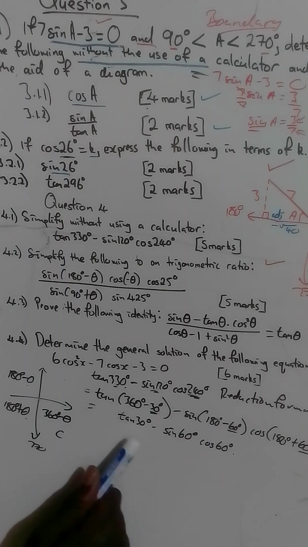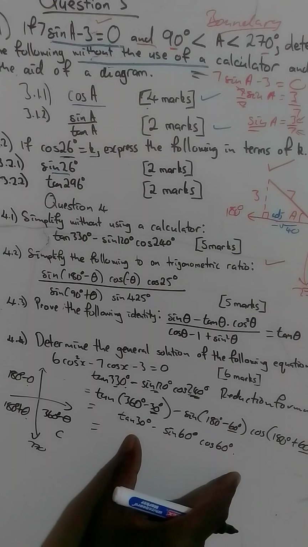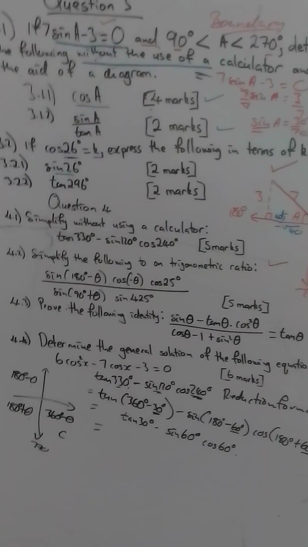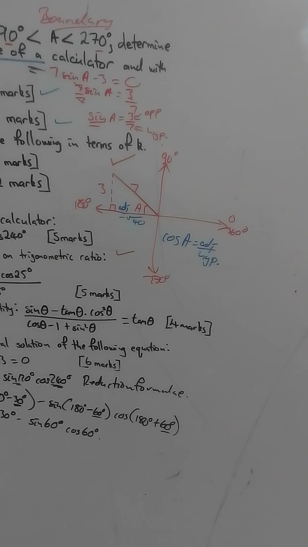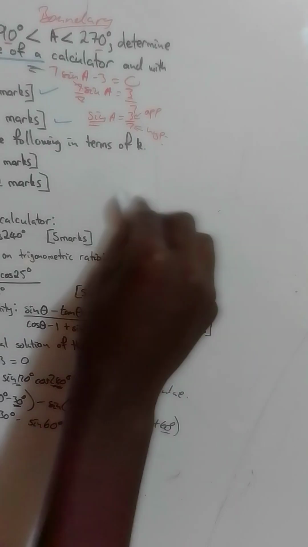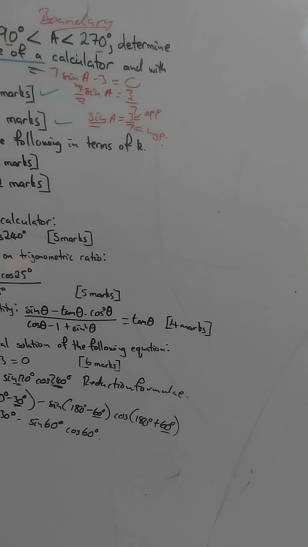Now, what should I do? This is the point whereby I'm now going to use my special angles. Remember, when it comes to the triangles of special angles, we've got 2 different types, which is a scalene and an isosceles triangle. So here we need an isosceles.